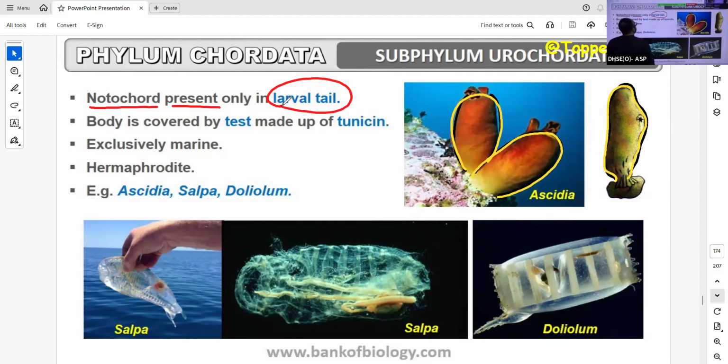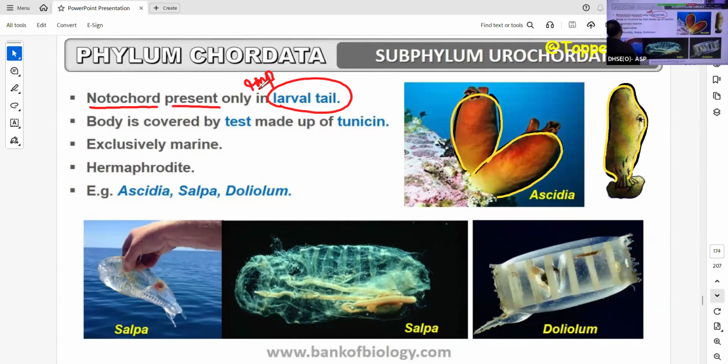In Urochordates you have a post-anal tail also present, but notochord is present in the larval tail only. Remember this. Important. Why? That is a very important feature that will discriminate the Urochordates from Cephalochordates.